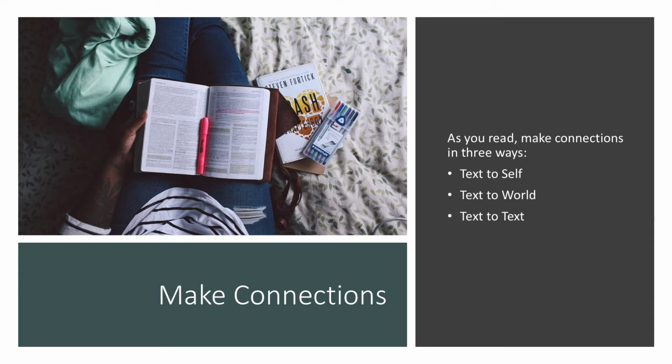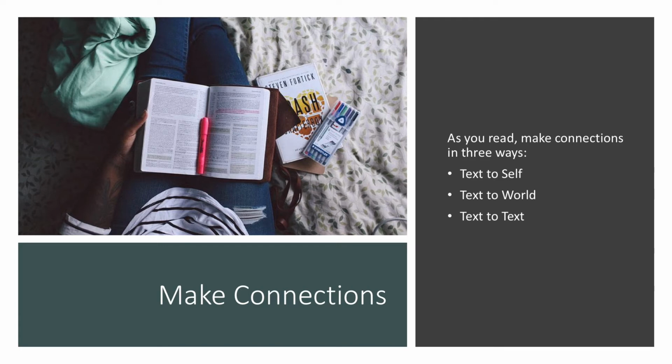Okay, we're going to talk about making connections. When you read, you can make connections in 3 ways. Text to self, text to world, and text to text. And when I say the word text, it's not texting on your phone, but the text is any material that you are reading.